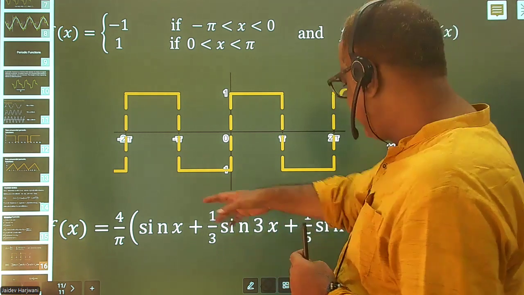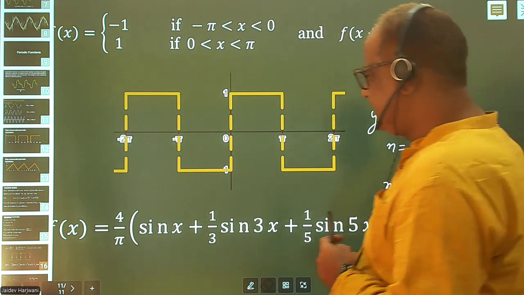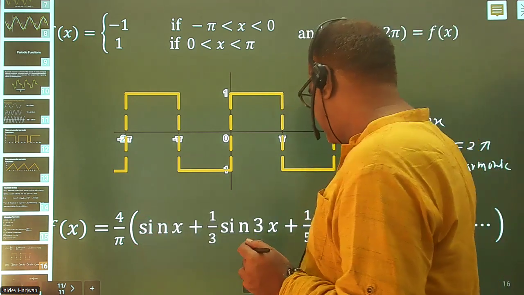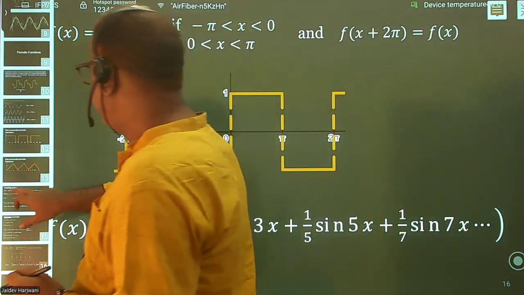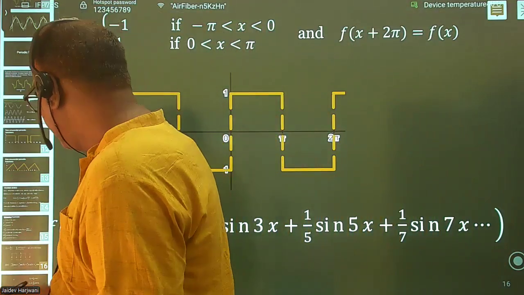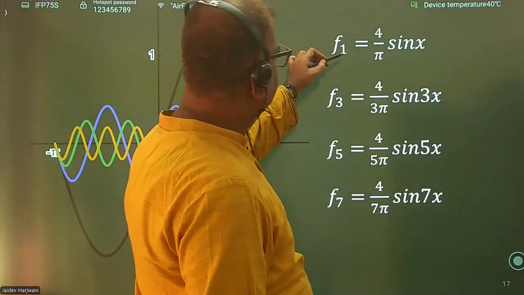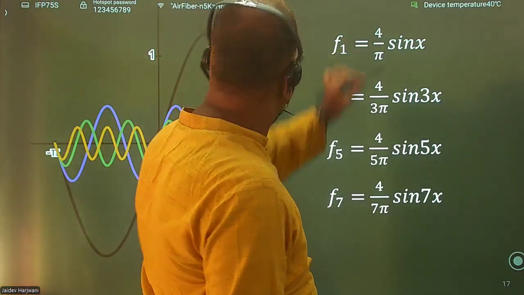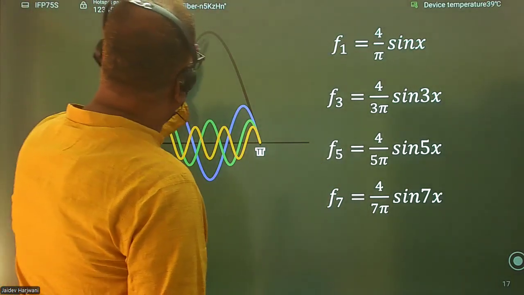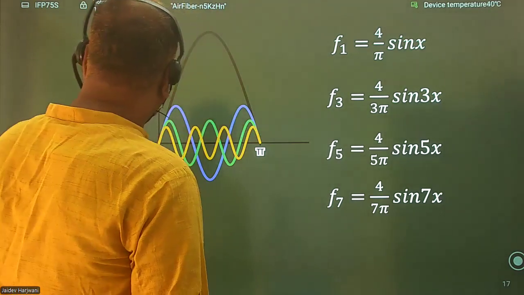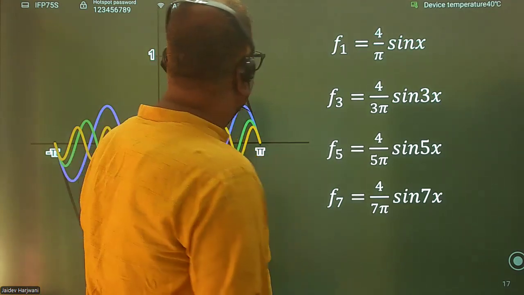So the square wave contains only odd harmonics, and this is the magnitude. If I see the magnitude of each harmonic, the first harmonic has the magnitude 4 upon pi, and this is my sin x curve, shown with a black color.